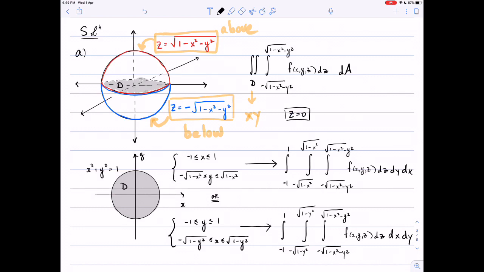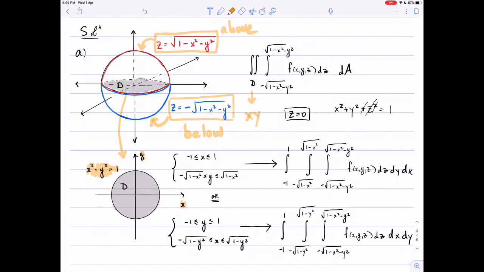In the xy plane, z equals 0. If z is 0 in the equation x squared plus y squared plus z squared equals 1, then we get x squared plus y squared is equal to 1. So our region D in the xy plane is just the unit circle.